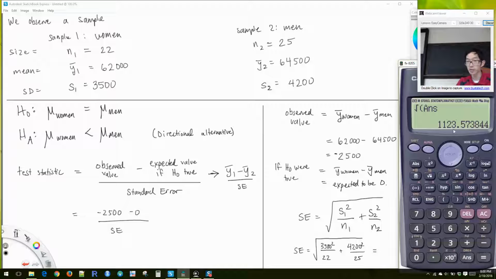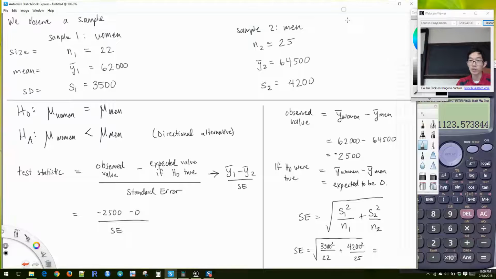I get a standard error of $1,123.57. So my test statistic ends up being negative 2,500 divided by 1123.57.